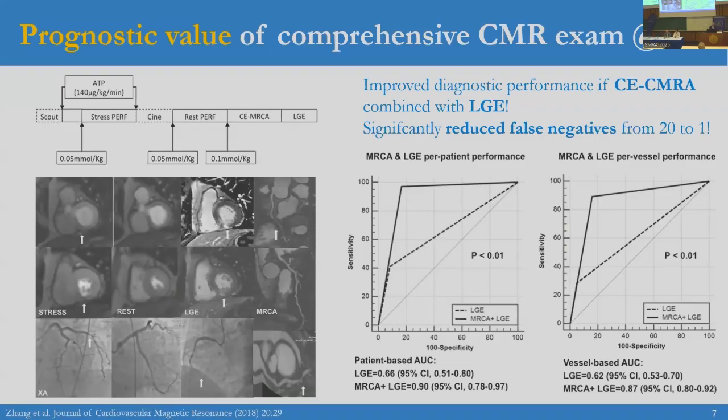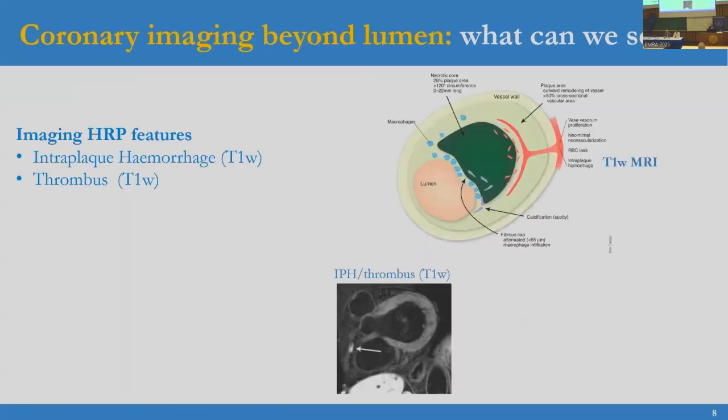It was improved on a patient-based and vessel-based analysis. I think also very important is that they could reduce the false negatives from 20 to 1 in this study. They also added CMRA to perfusion imaging, and they got very similar results.